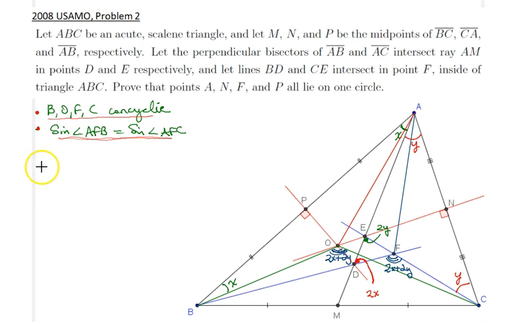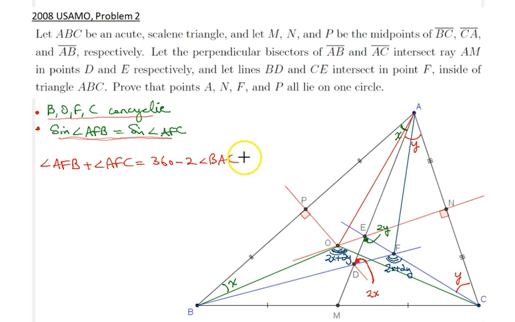So let's start with angle AFB. Angle AFB plus angle AFC is simply 360 minus 2 angle BAC, so we can clearly see here that AFB plus AFC plus 2x plus 2y, or 2 times BAC, is equal to 360.